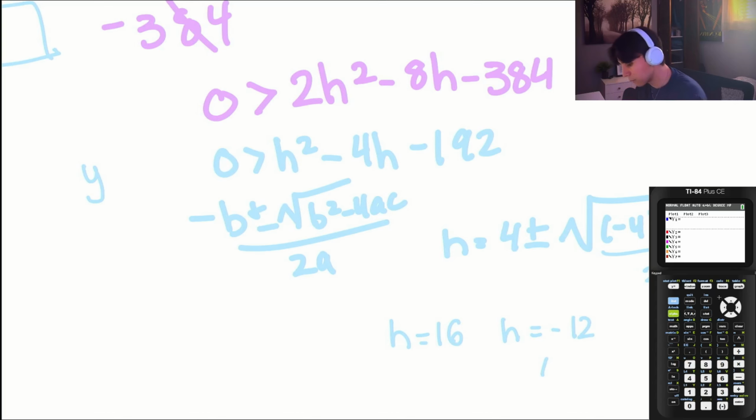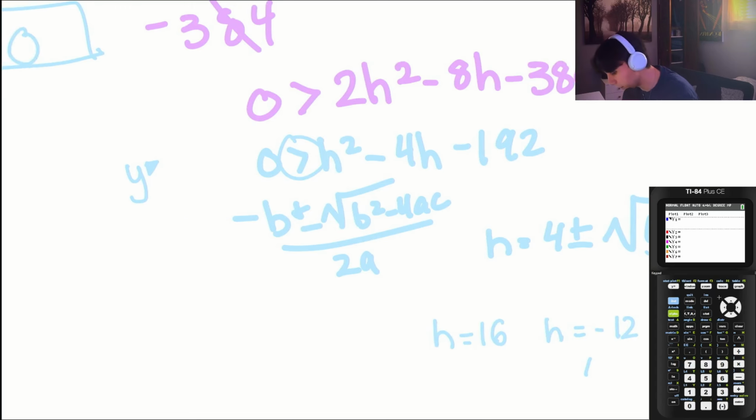And since we have y being greater than 0, because y is on the left side, we're going to have to graph this above the line. If it was less than, then we would have this bottom triangle here. But we don't have the bottom triangle, we have the greater than. So we're going to be plugging in our calculator this right here: y with the greater than triangle equals h squared minus 4h minus 192.